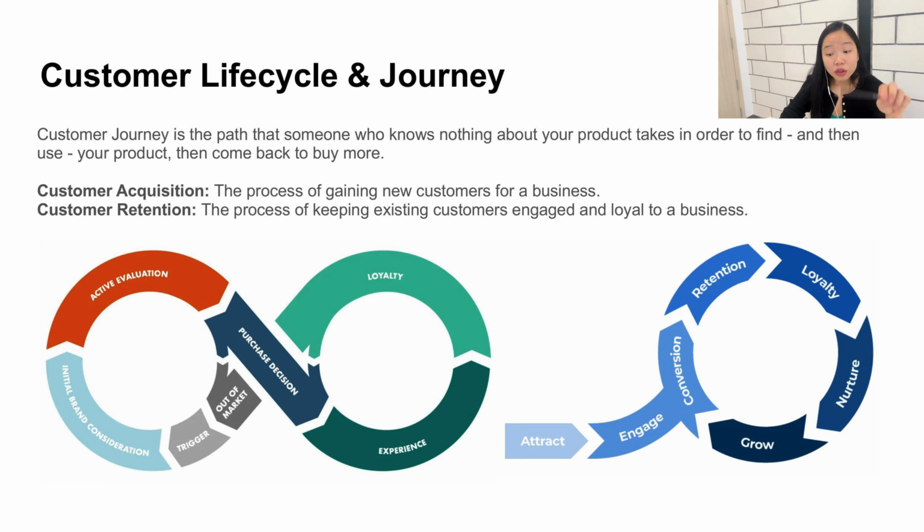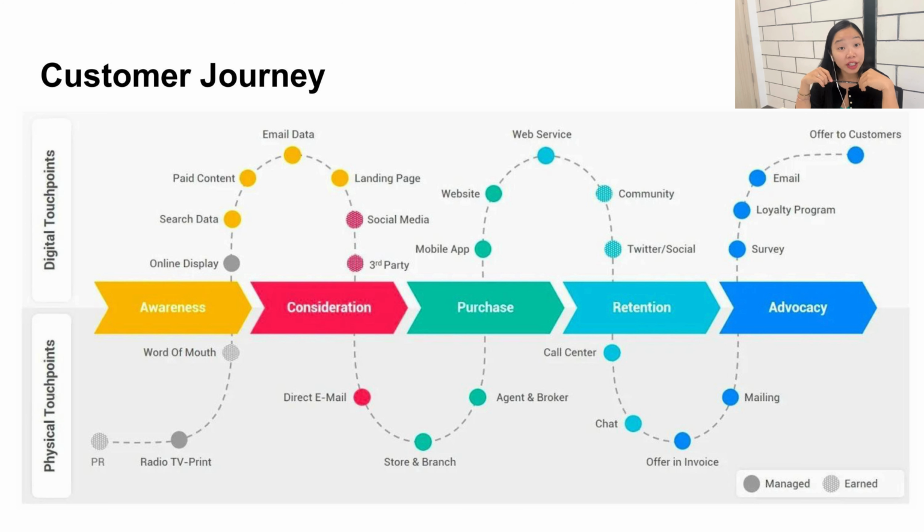If you look at the graphic in the slide, you can see that it describes the customer lifecycle in broad terms. Now let's take a look at a very specific customer journey, which might be different depending on the physical touchpoint and digital touchpoint. The digital touchpoint is the platform or channel that you use to promote your product or service to the market.